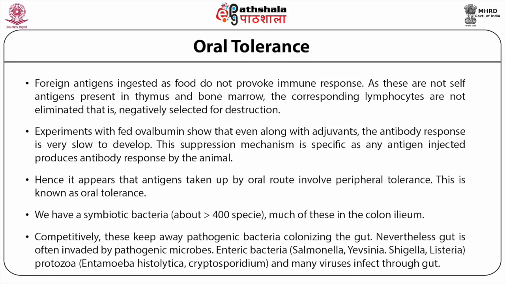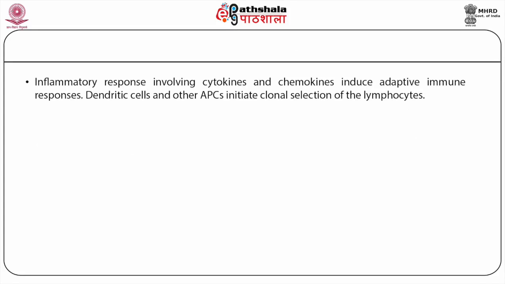Nevertheless, the gut is often invaded by pathogenic microbes. Enteric bacteria, protozoa, and many viruses infect through the gut. Inflammatory response involving chemokines induces adaptive immune responses. Dendritic cells and other APCs initiate clonal selection of the lymphocytes.